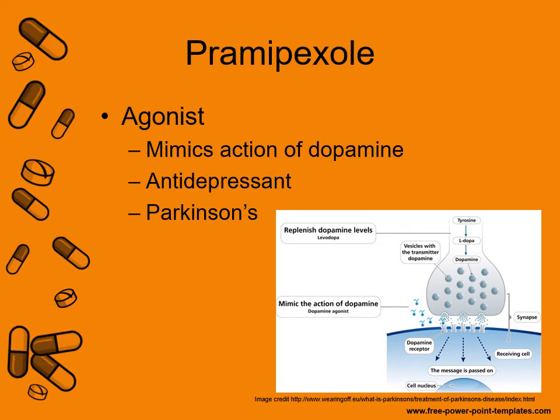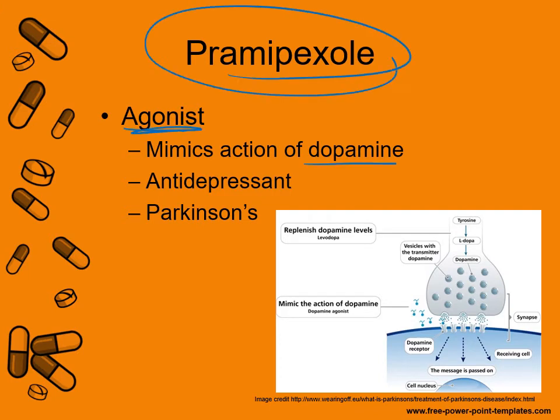So here is an example of a stimulant, oh my gosh, I can never say this. Pramipexole. Pramipexole is an agonist. It's going to mimic the action of dopamine. So we can add this drug as a stimulant. It's going to act a lot like dopamine. And it's used to treat depression. It's also used to treat Parkinson's.